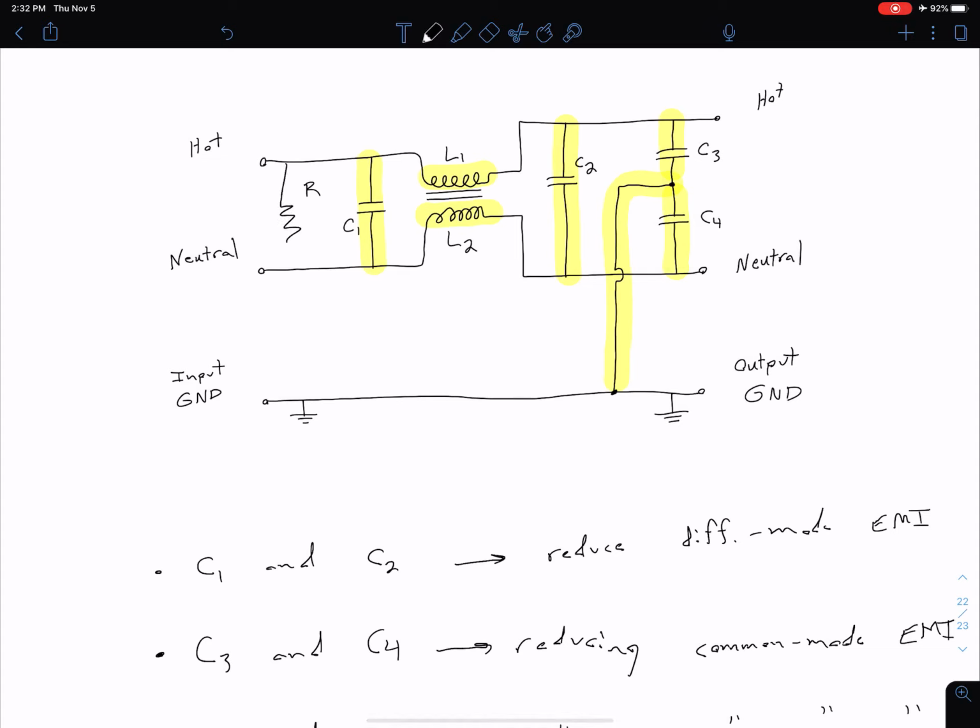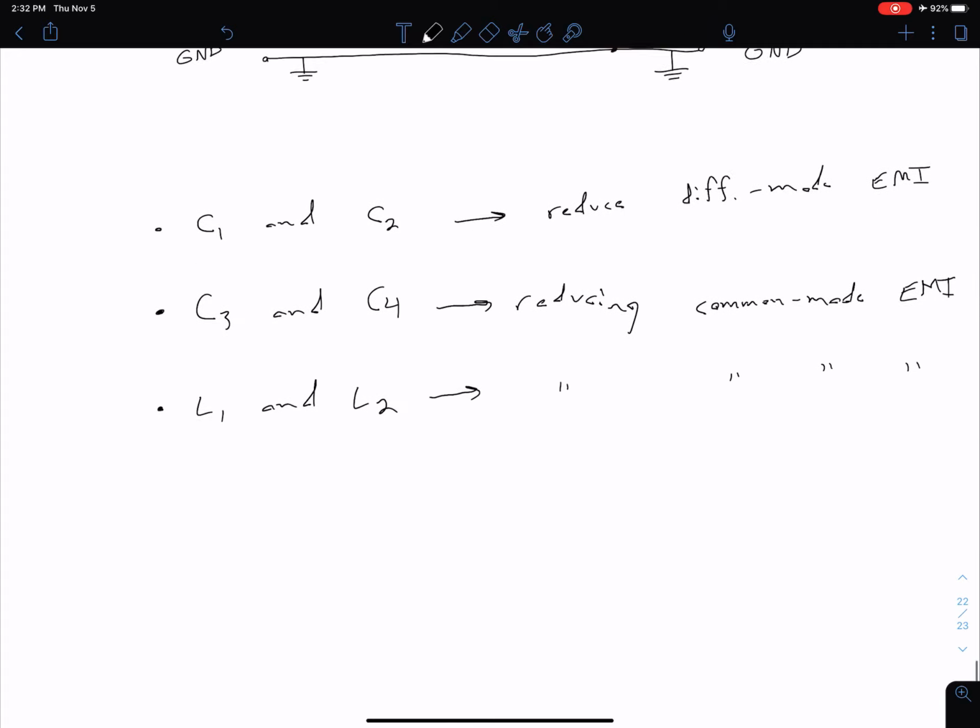The last component up here is something that I forgot to draw, or maybe I erased it by accident and didn't notice, but that's just a resistor, R. What this resistor R is doing is not necessarily helping to reduce our common mode or differential mode, but it's providing a discharge path if one of these capacitors is still charged up and we get disconnected from our AC power line, so we basically get disconnected from that ground connection.